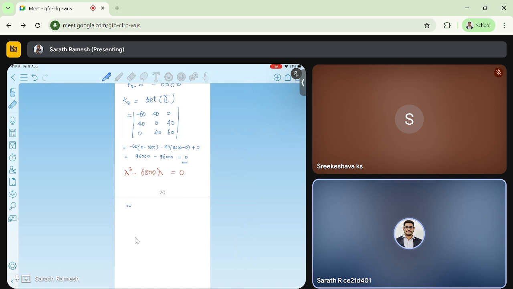This is equal to lambda times lambda square minus 6800 is equal to 0. So one is lambda equal to 0, another is lambda equal to plus or minus root of 6800.